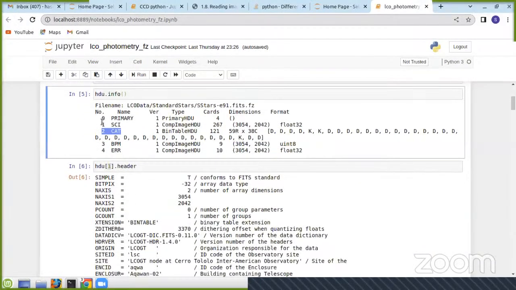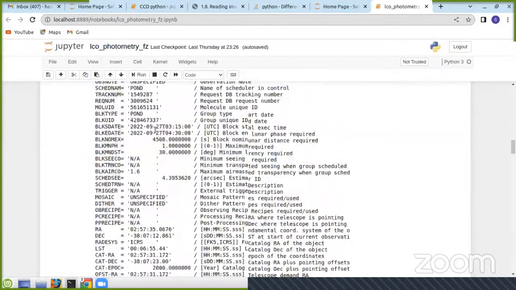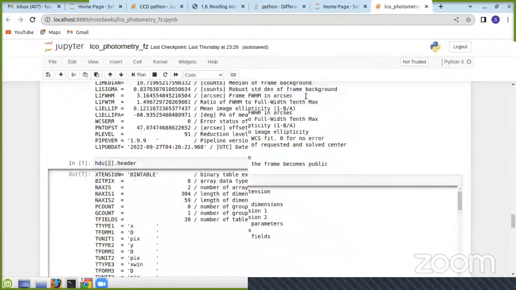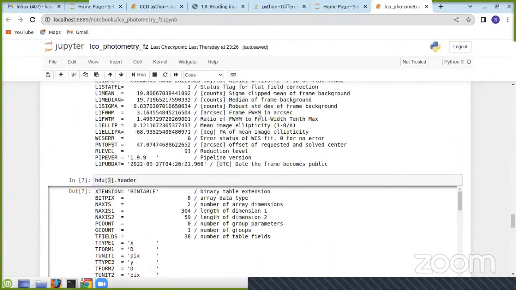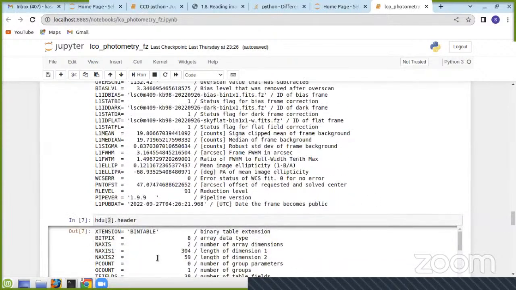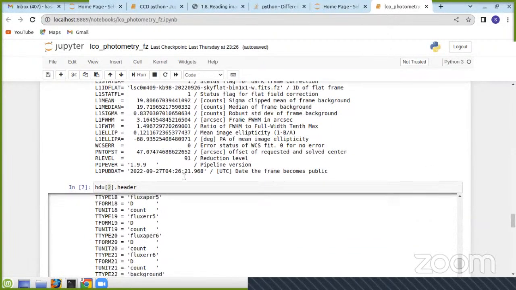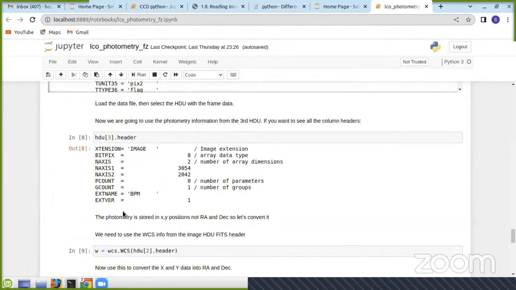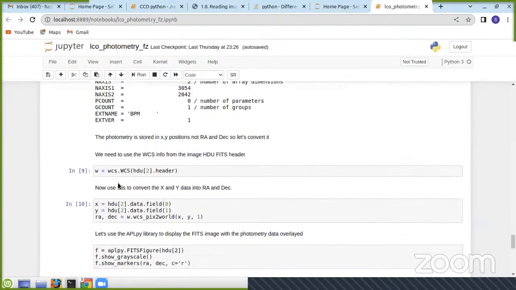The first one is the science image. So when you look at the header information for the second frame, you get the details of it, that it is a bin table and so on and so forth. You can see the other ones.